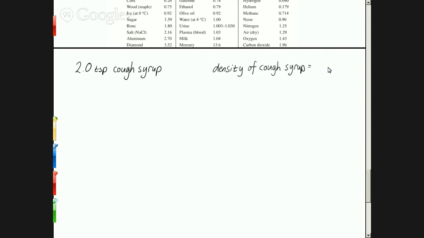It wasn't actually the medicine that really did anything. So the density of cough syrup is pretty high, 1.2 grams per milliliter. So the question is then, what is the mass of these 2 teaspoons of cough syrup?